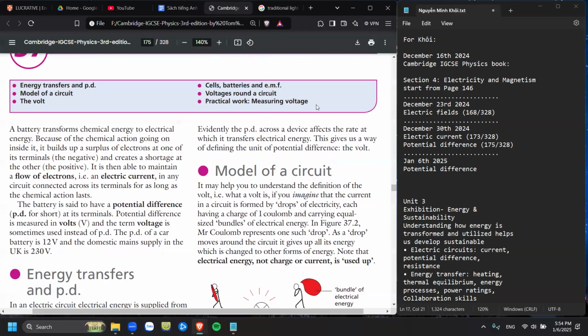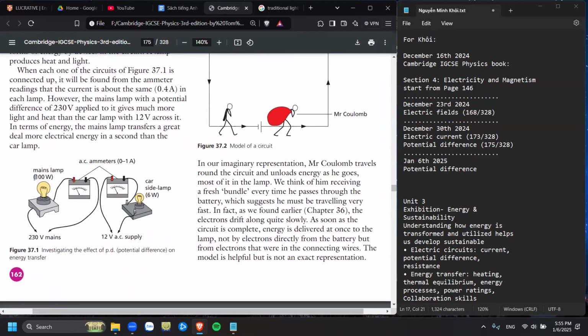Evidently, the potential difference or the voltage across a device affects the rate at which it transfers electrical energy. So what does it mean? Let's just say a 100-watt lamp will transfer much more energy in 1 second than a 6-watt lamp. Is that true?